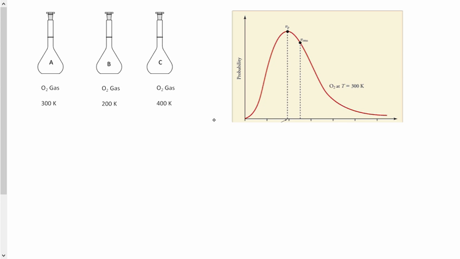And then it does slide down towards the end, where there's higher kinetic energy for the molecules. But we see that that's low probability. So what I want you to do is make a prediction. What would the sketch of the 200 Kelvin gas look like on here? And what would the 400 Kelvin look like? So pause the video, make your guesses, and then restart afterwards and see if you're right.